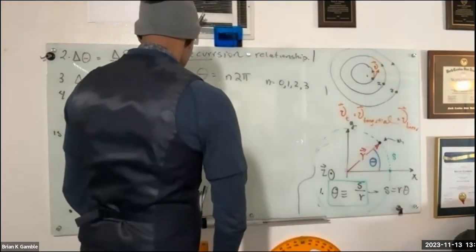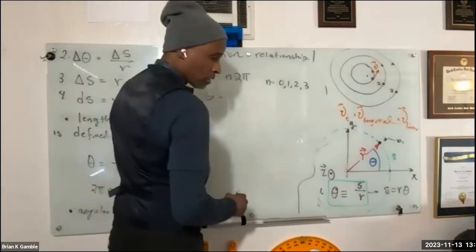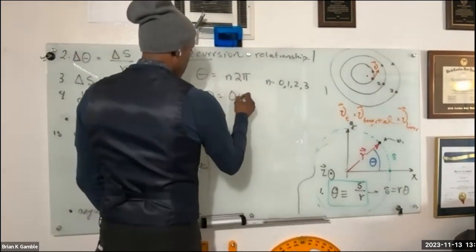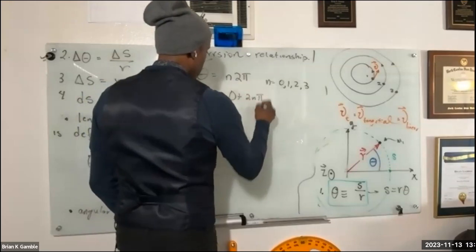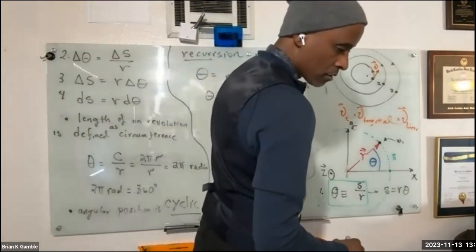And defining theta cyclic, that means that theta is equal to theta plus 2n pi, the physical position is.